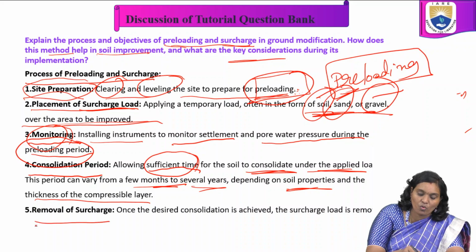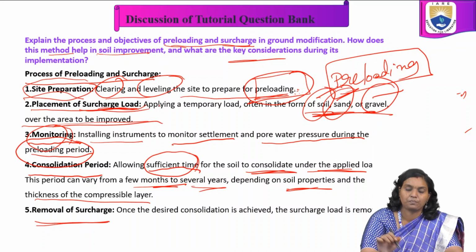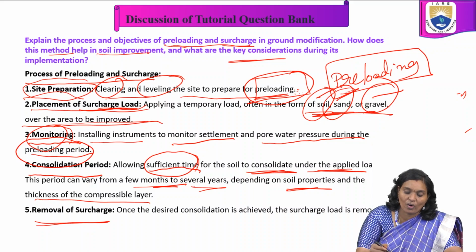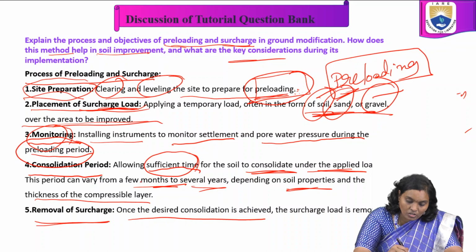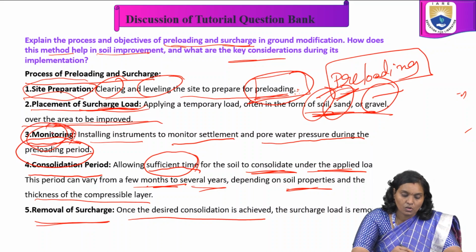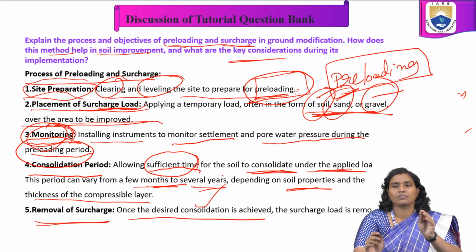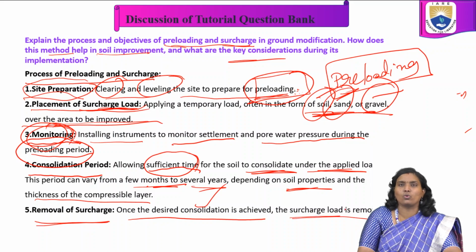Next is the removal of surcharge. Here we apply the excess surcharge load, and we remove it once the desired consolidation is achieved. Because of the monitoring, once we understand that the desired consolidation is achieved, we remove this surcharge load.